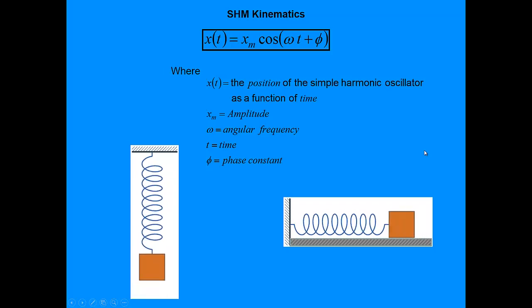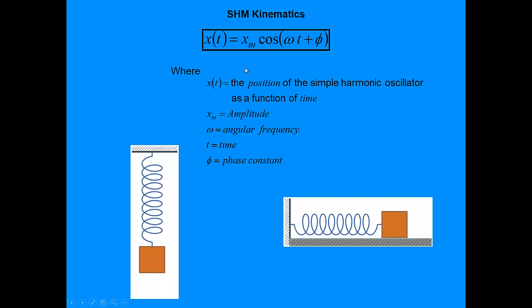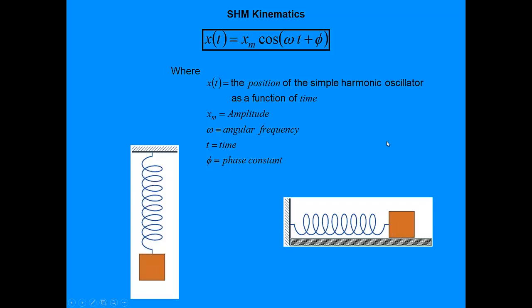Now, if you can do the calculus, the advantage is all you need is this function, and you can get the other two. If we've got a position function as a function of time, the velocity of a simple harmonic oscillator would simply be the derivative of the position with respect to time. That means the derivative of x sub m cosine of omega t plus phi.